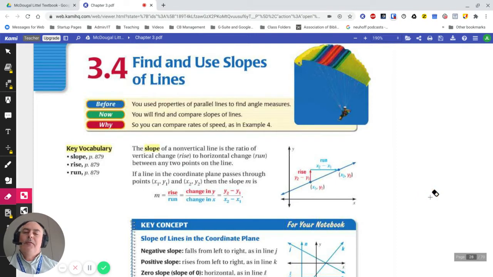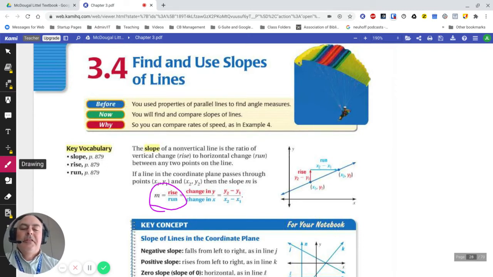In lesson 3.4, we're now moving to look at the specific aspects of a line as it relates to its slope. And most people will probably remember that the slope of a line is considered rise over run.